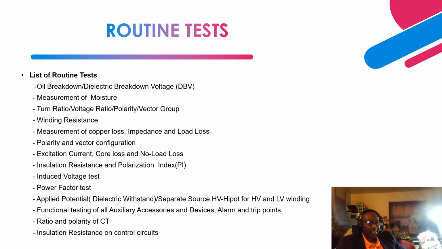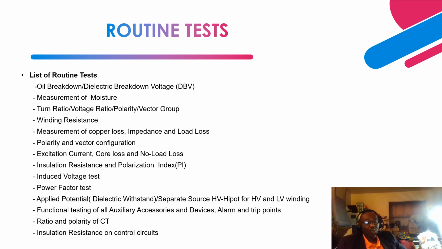Next is induced voltage. We perform this to check the major insulation arrangement and the quality of the major insulation: the major insulation of the active component of high voltage to ground, low voltage to ground, and in between the high voltage and the low voltage, to withstand the operating voltage and also power frequency overvoltage conditions.